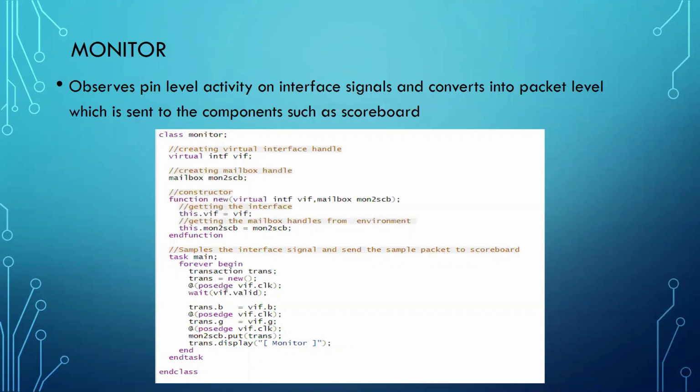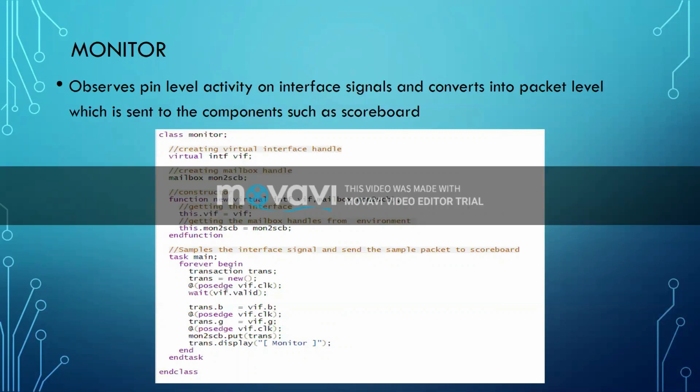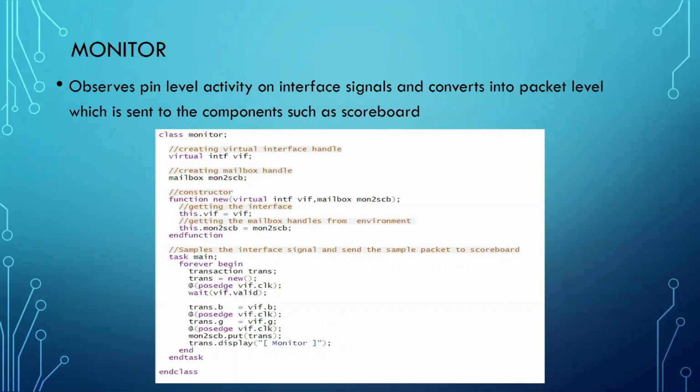All the generated values are put into the mailbox from the monitor, so that the scoreboard can access these values from this mailbox.